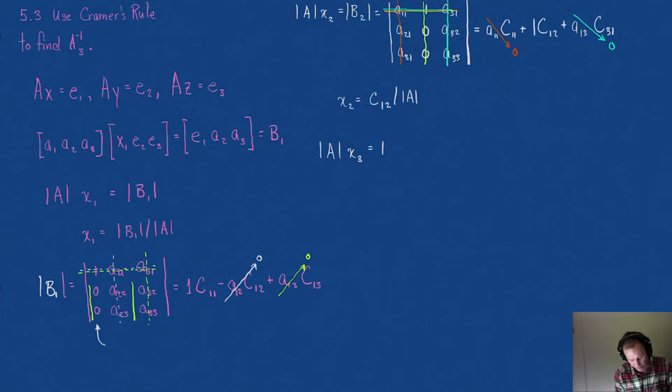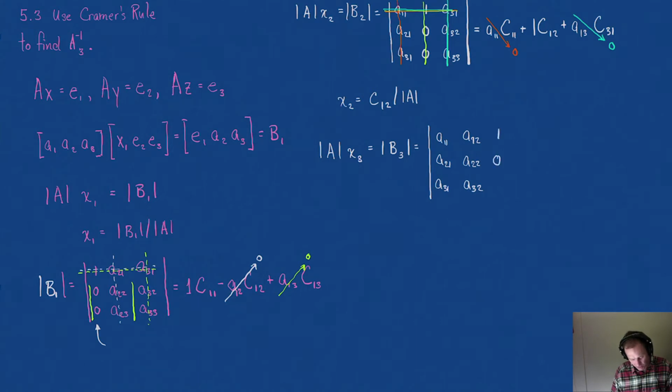That's going to be equal to the determinant of B3, where B3 will have the first column of A, which is A11, A21, A31. And then it's going to have the second column of A, A12, A22, A32, and then we're going to have E1 in the third column.